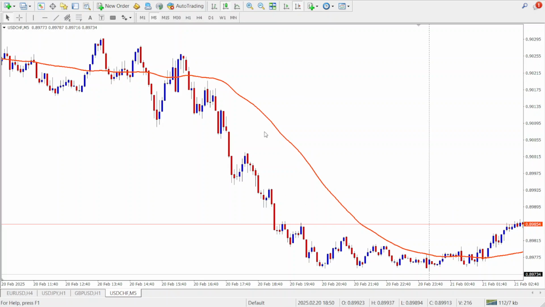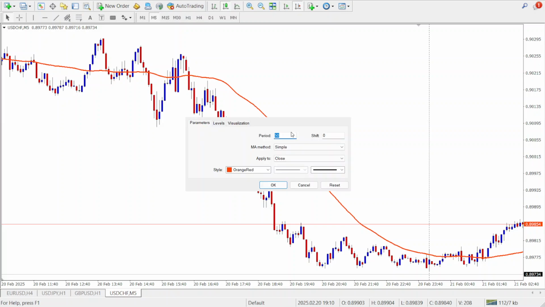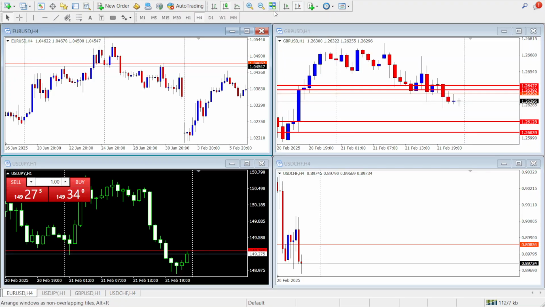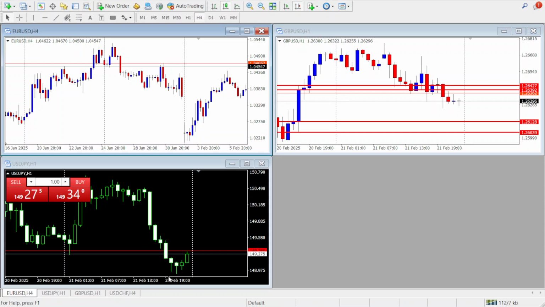Then the second indicator is the 200 period moving average.